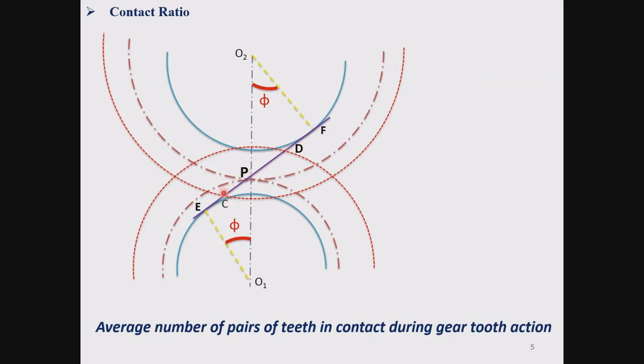That is to be indicated by some means. For that we use contact ratio. Contact ratio indicates the average number of pairs of teeth in contact during gear tooth action.